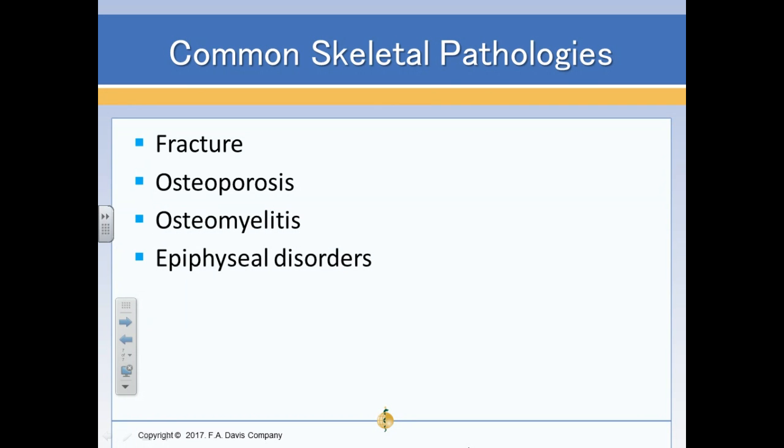Then you've got the epiphyseal disorder. The epiphysis of a growing bone is not firmly attached to the diaphysis, and this normally happens in kids when their bones are not finished growing. That can make it slip or become misshapen, and that causes what they call Legg-Calvé-Perthes disease.